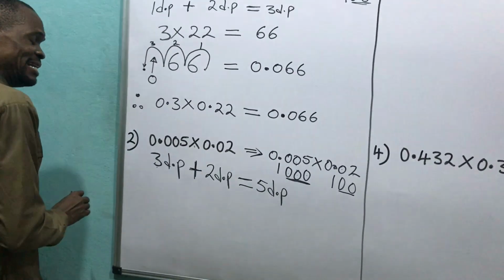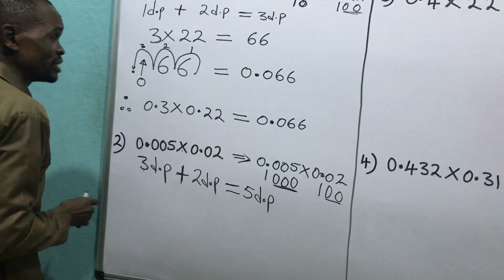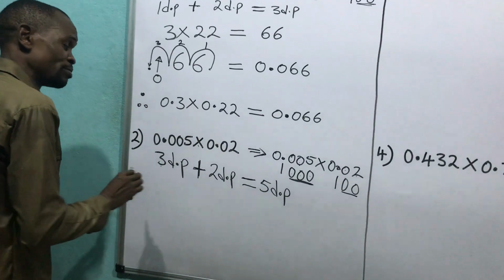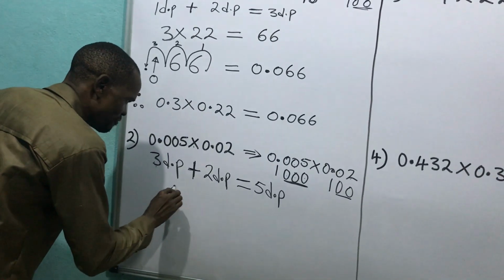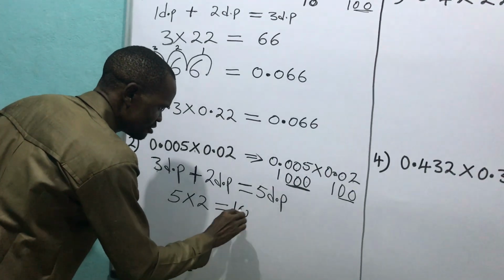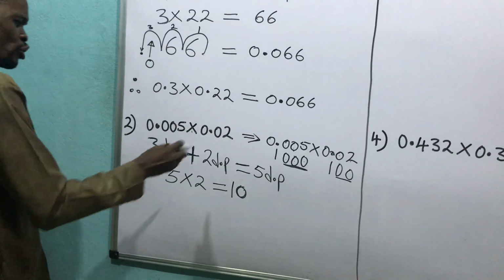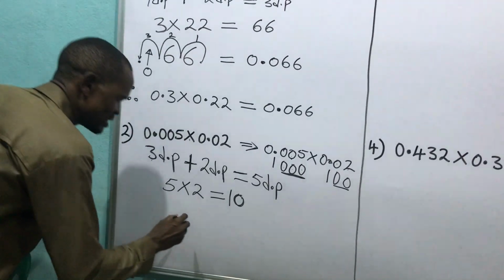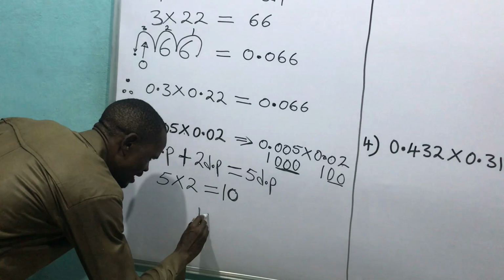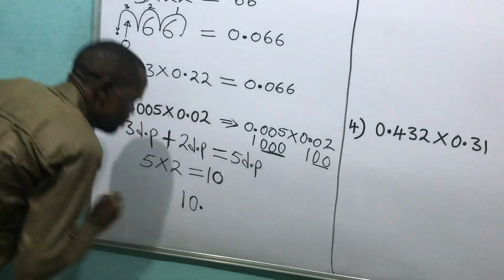I'm going to multiply these as if they are not decimal fractions, which is 5 times 2, and that gives me 10. Then I'm going to return back the decimal places. Look at my 10, and look at where my cursor will be blinking.